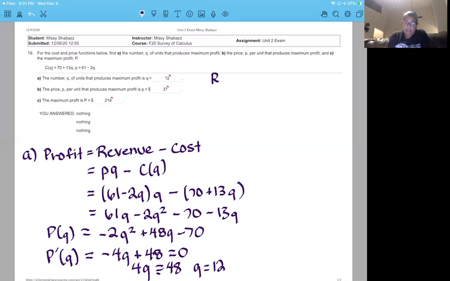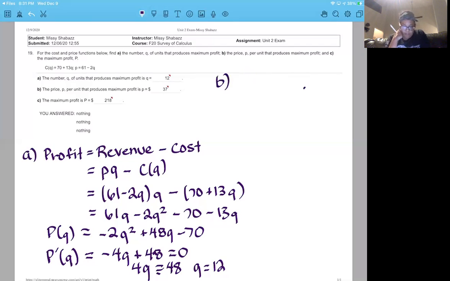If I take the second derivative, that gives me negative 4, which means that it is always concave down. So that critical point must give me a maximum, right? So I know that Q equal to 12 gives me my maximum.